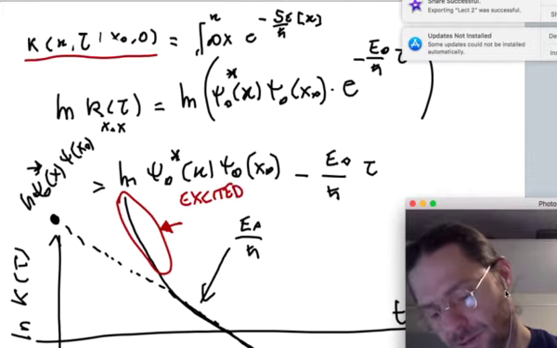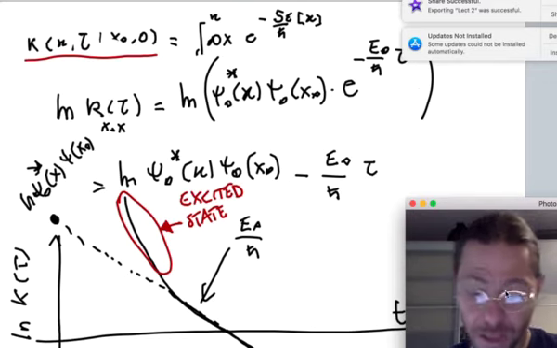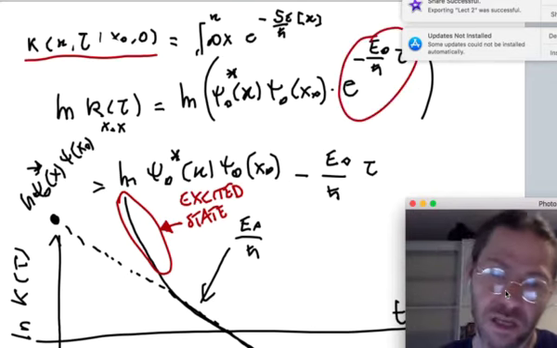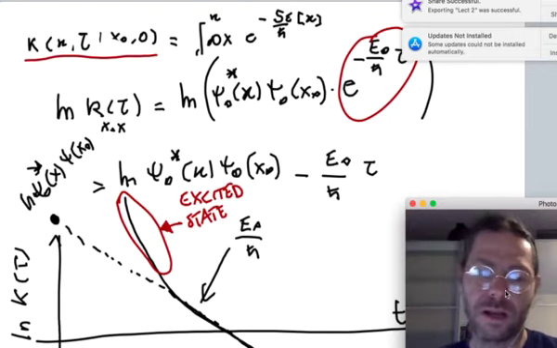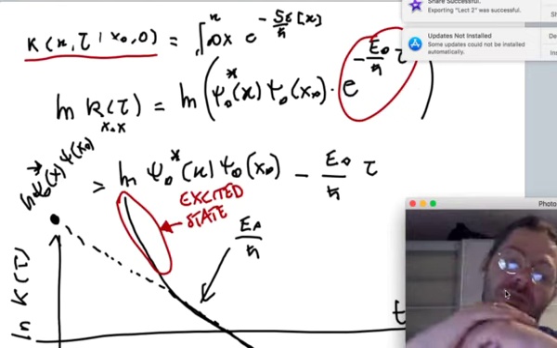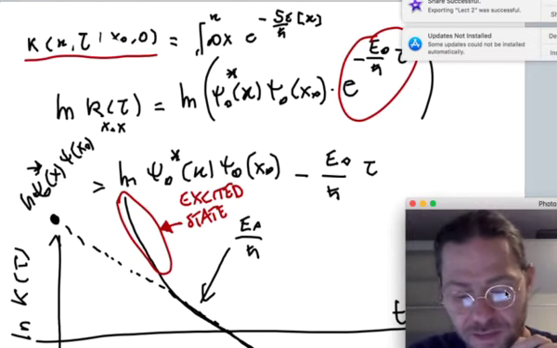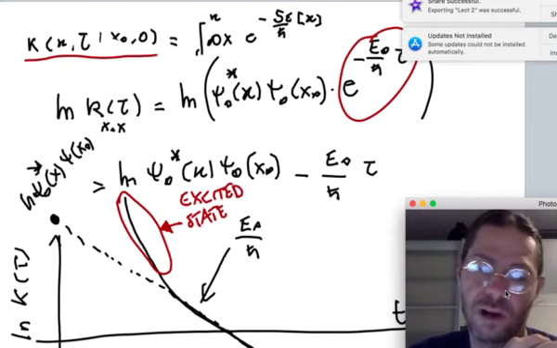But because of the properties of the Laplace transform involved in the relationship between the spectral density and the correlator, extracting information about excited states from this transient area is exponentially hard. Basically, it's a hard problem.